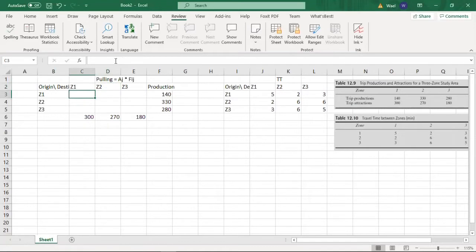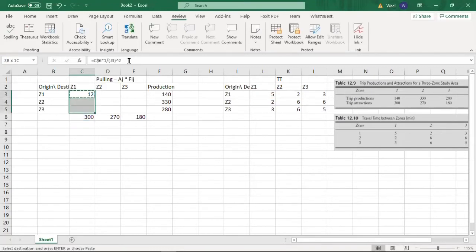So here it will be the attraction at zone J multiplied by 1 over the travel time squared, and actually this is going to be fixed in terms of rows.